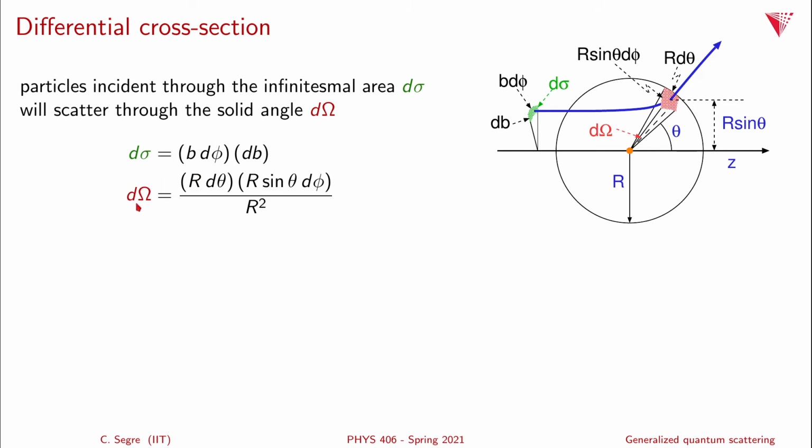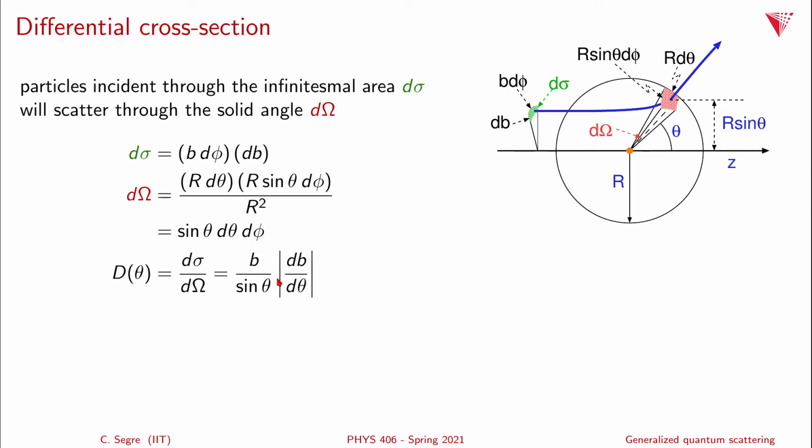And so you have dΩ is r dθ times r sin θ dφ divided by r squared, so this is an area and this is an angle. Clearly, when we cancel the r squareds here, we get sin θ dφ dθ for my solid angle dΩ. The differential cross-section is defined as D(θ), which is dσ over dΩ.